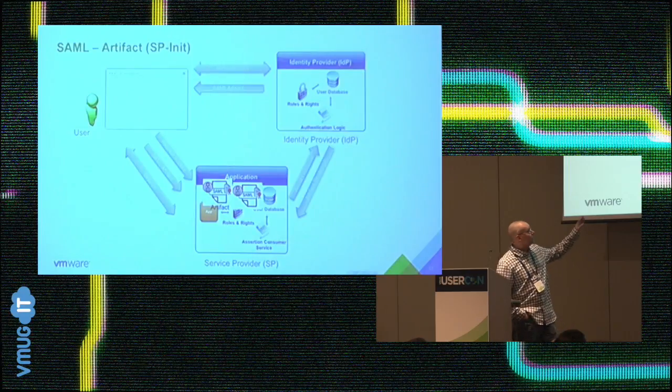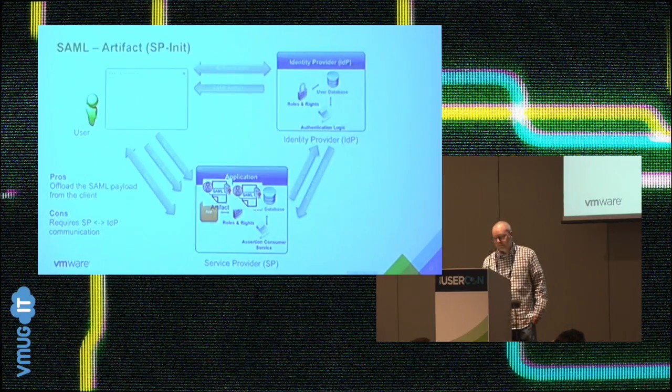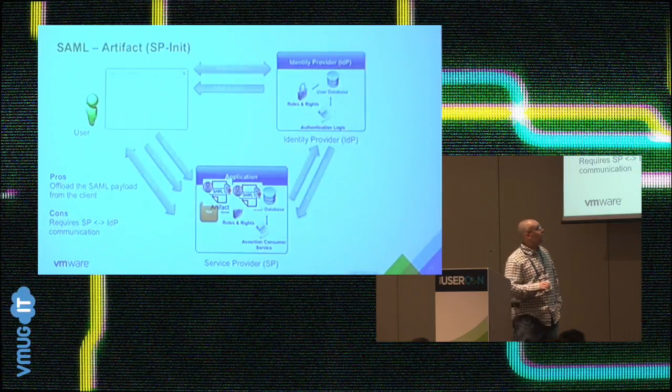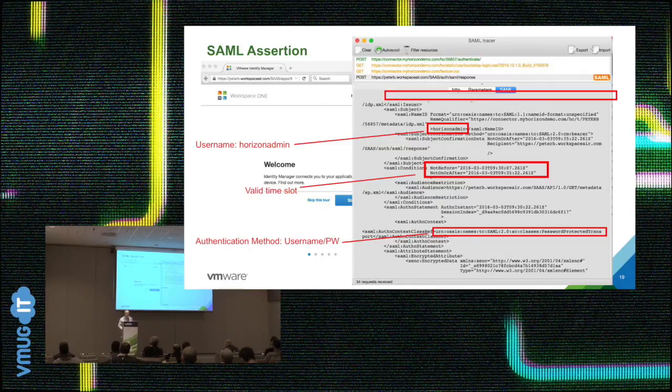This case is a little wrong when we talk about Horizon, because Horizon doesn't support SP init, so it has to be an IDP init workflow, but still. The benefit is the artifact is so small that pretty much any client can cope with it. It's just a row of URI and a URL. The downside, obviously, is it does require this backend connectivity.